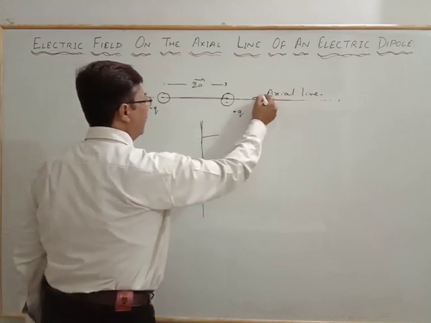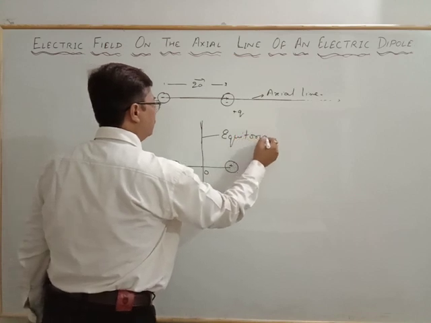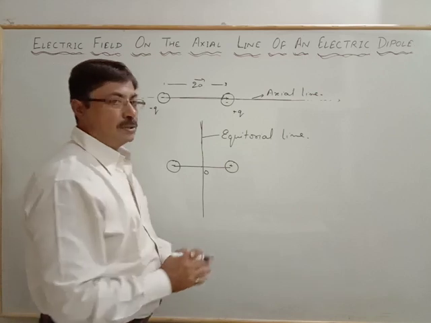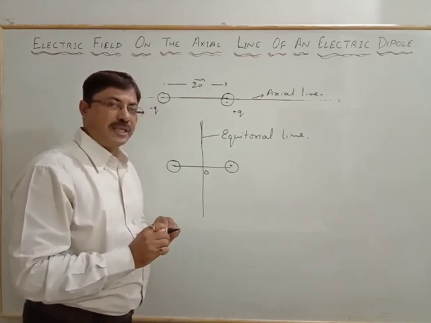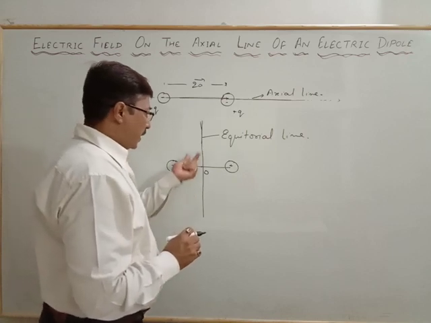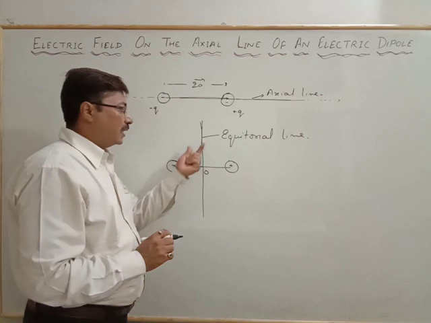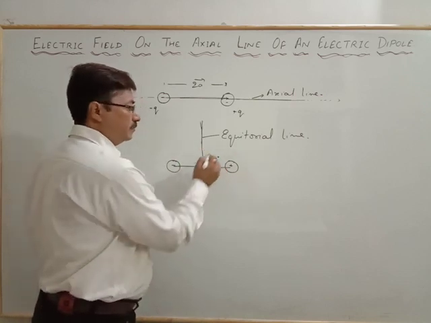This one is the axial line, this is the equatorial line. The line which crosses the center of the dipole is the equatorial line, and it is perpendicular, 90 degrees.